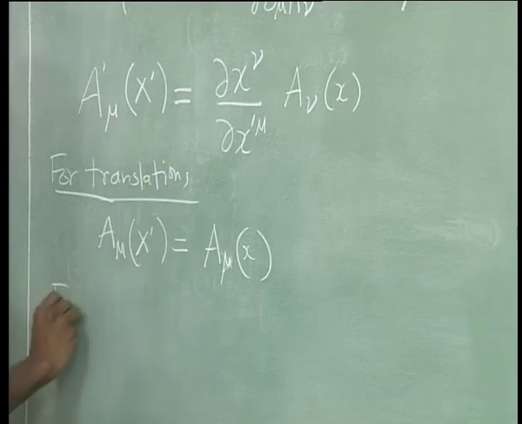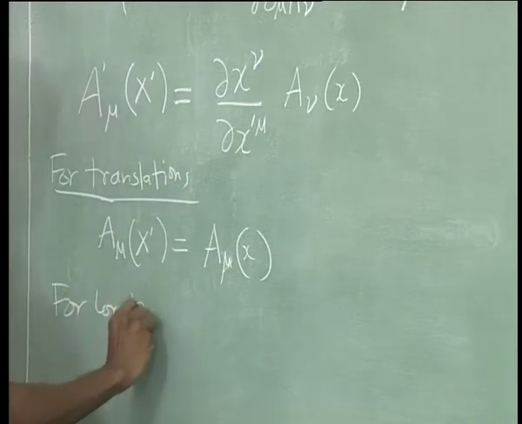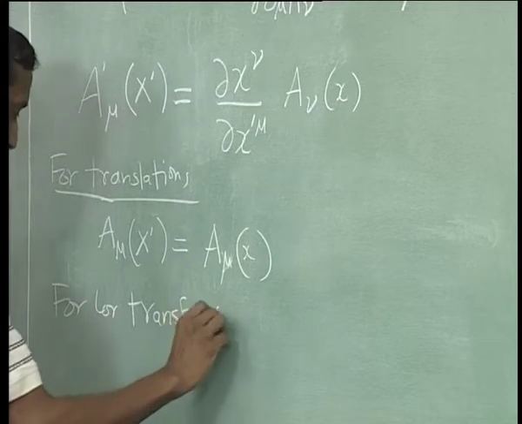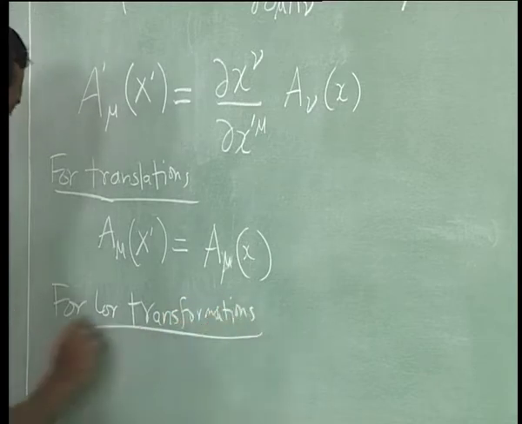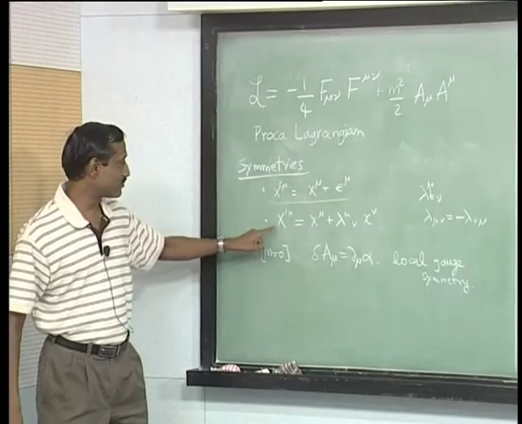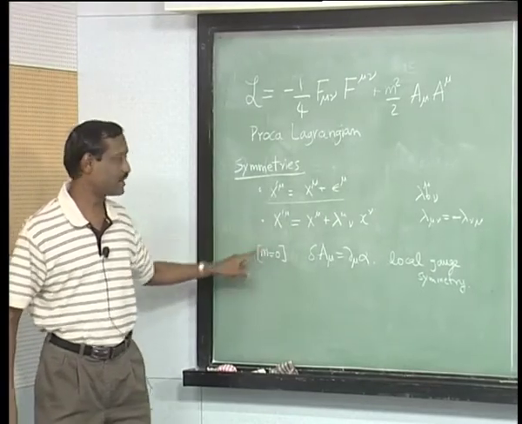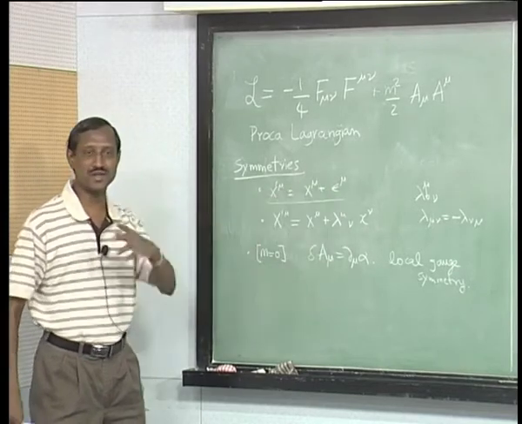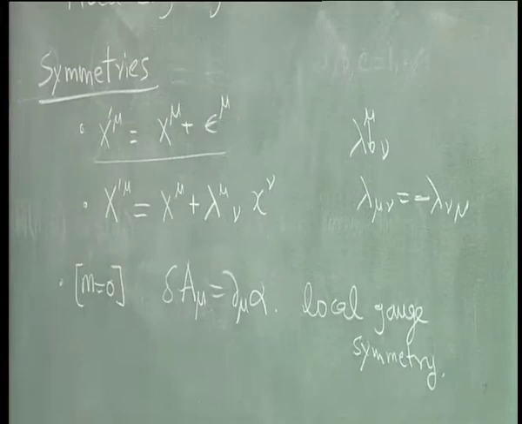But for Lorentz transformations, okay, you may think from here it is easy to get dx prime by dx nu, but for small transformations you can just invert it and put a minus sign and you will be fine.